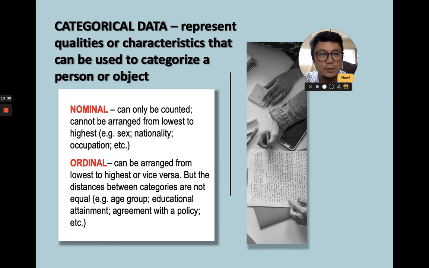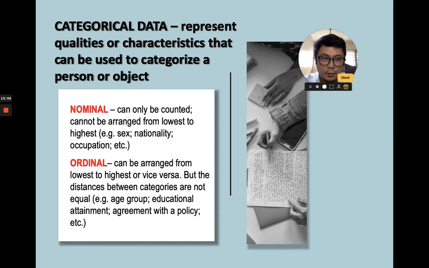There's also a question format called a Likert type scale. For example, if I were to do a survey and I were to ask you, to what extent do you agree with the government's policies on quarantine during COVID?